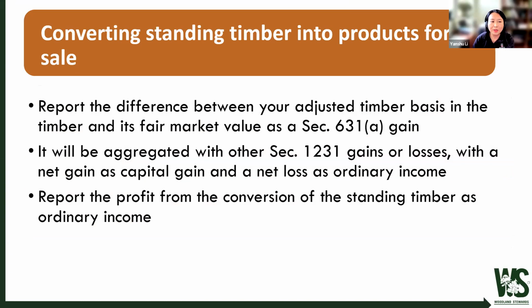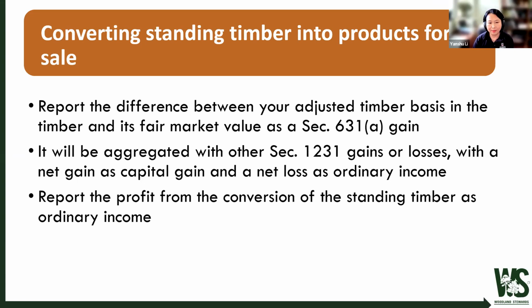You need to have a qualified appraiser estimate the fair market value of the standing timber on the first day of the tax year, or the calendar year, and then calculate the difference between the fair market value and your adjusted basis in the timber on the first day of the year, and that portion will be long-term capital gain.